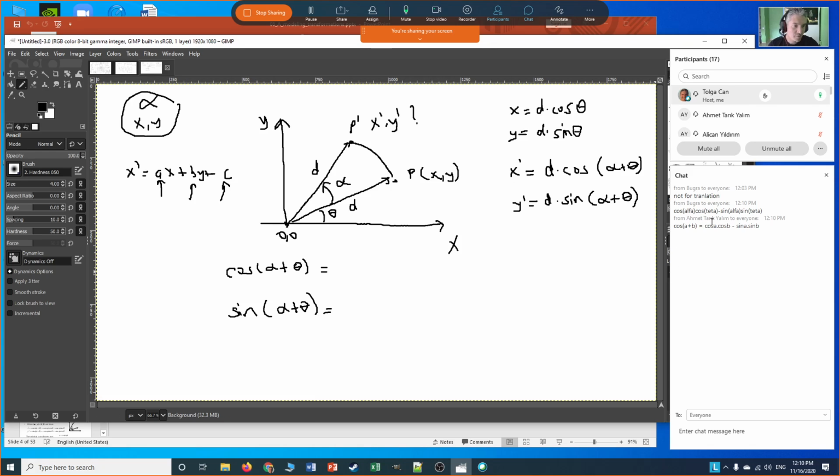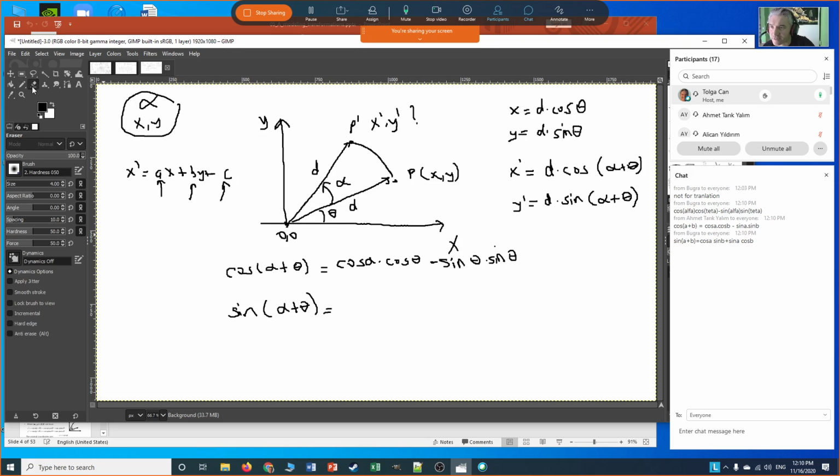So the first one, cos alpha plus theta, so the cosines are multiplied and sines are subtracted from that. Thank you very much. So what we have here is cos alpha times cos theta minus sin alpha times sin theta.